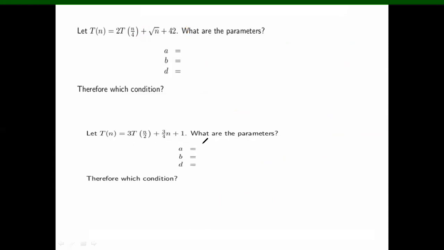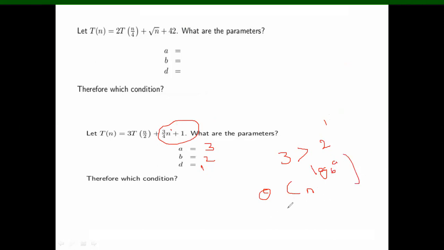In this example a equal to 3 and b equal to 2. This is the function, the highest power is n power 1, so d equal to 1. Here the case is 3 greater than 2 power 1. So the T of n value is theta of n power log a to the base b.